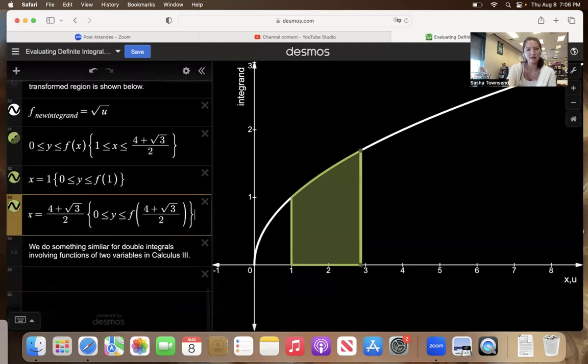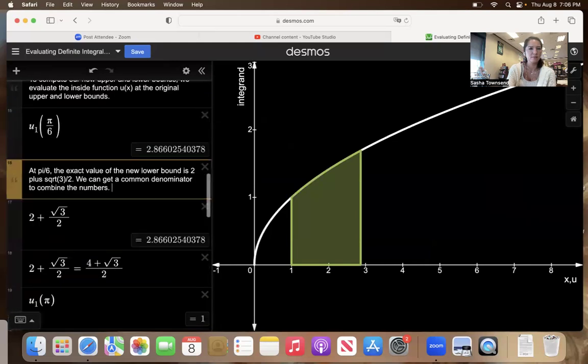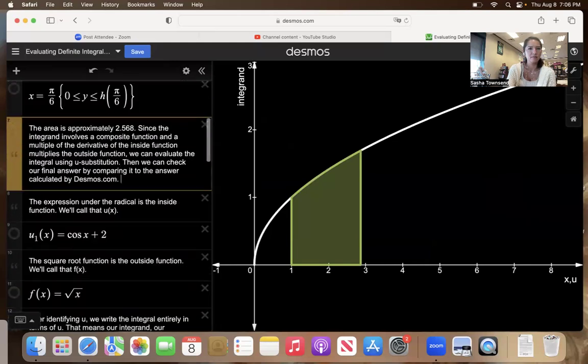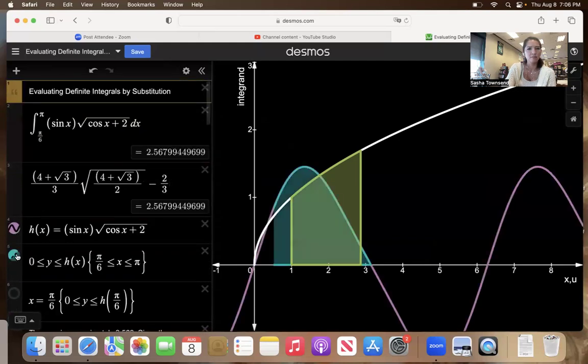So somehow that area from 1 to 2.86, which was that 4 plus square root of 3 over 2, is related to this other area. They happen to be the same. That teal area is equal to the green area. All right. I thought that was kind of cool, but not really necessary.